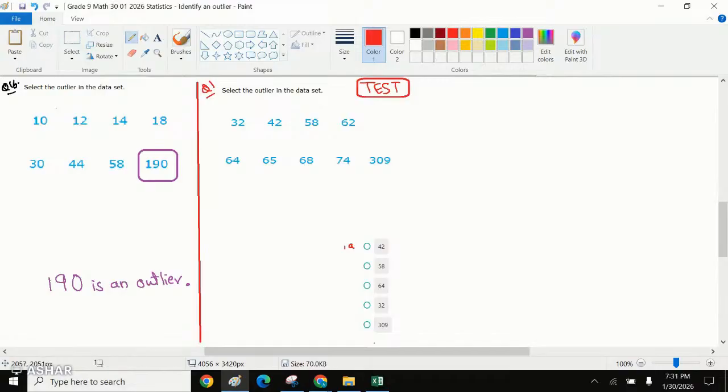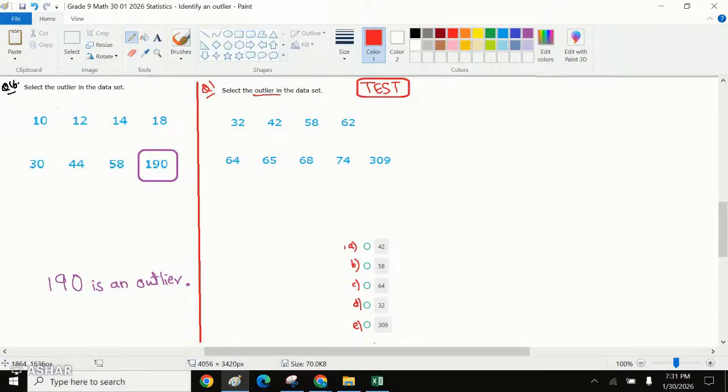Should it be option A, B, C, D, or E? Select the outlier. An outlier has to be the maximum or the minimum value. It has to be the extreme value. Can I have the answer?